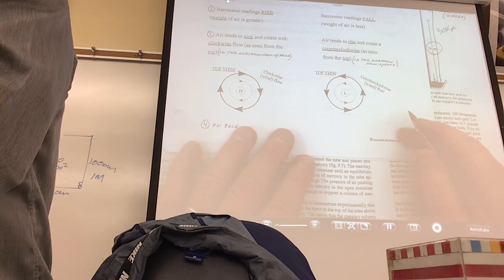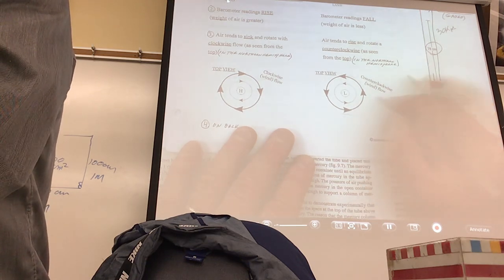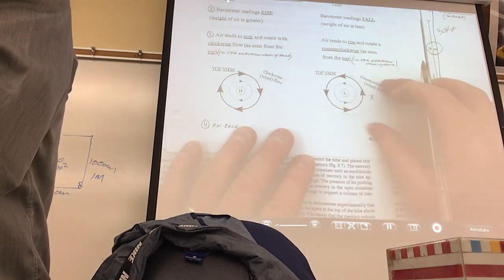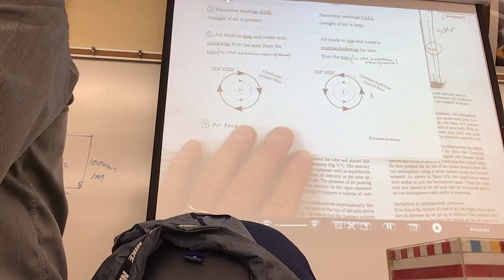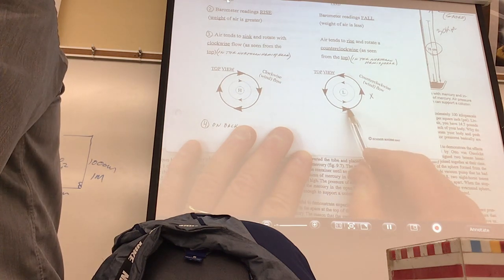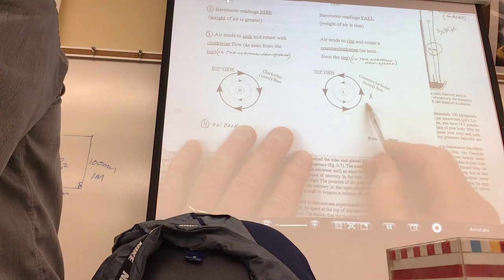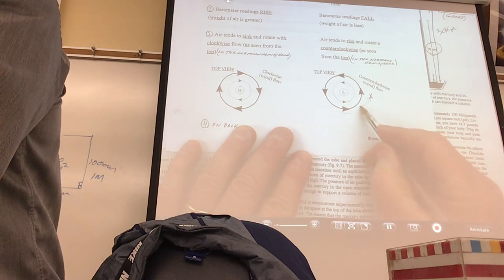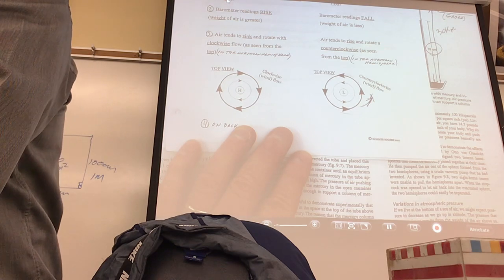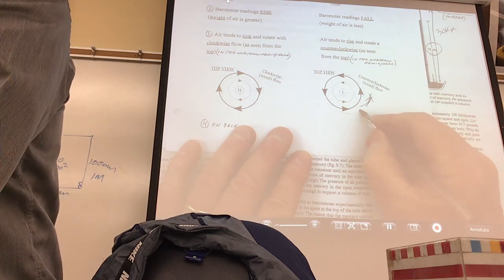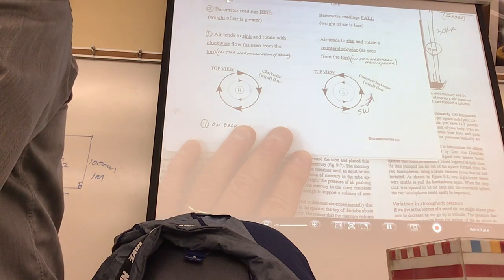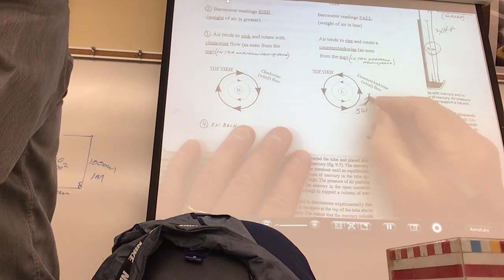Now, let's say you're Greensboro right here, and the low's coming right towards you. What do you feel on the earth? You'll feel air moving from here to here. Winds are always named from the direction they come from. And these are coming from the what? Southwest. So the meteorologist might say, we will have southwest winds.